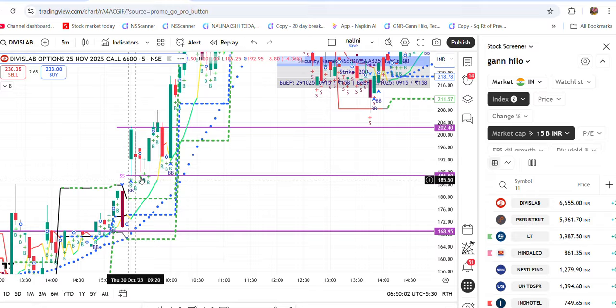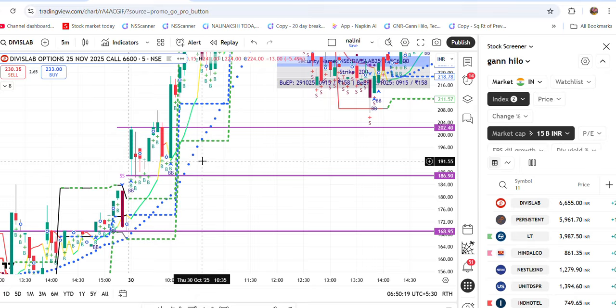See, it has taken so much time, but you can see the rejection bars at this level. 186 becomes your level. You can see the price rejecting from this level, going away from this level.